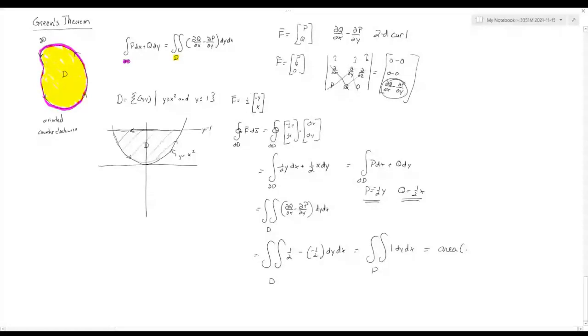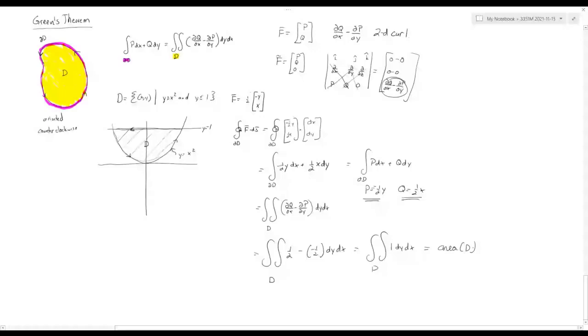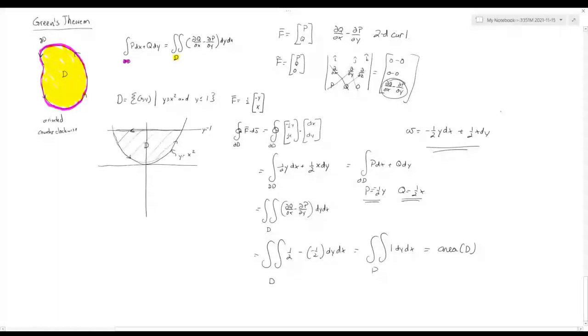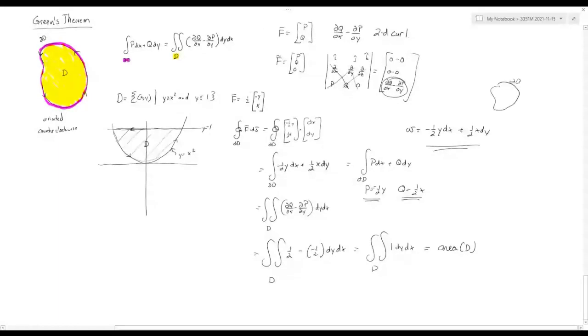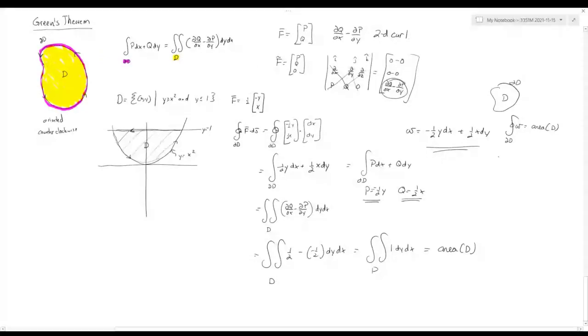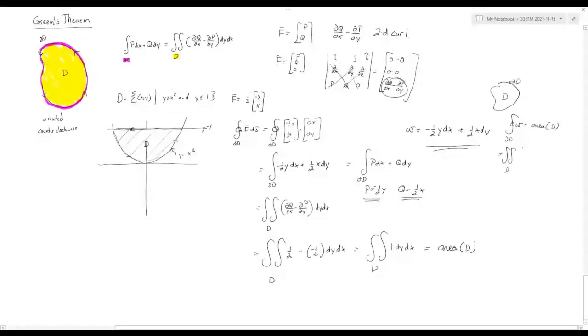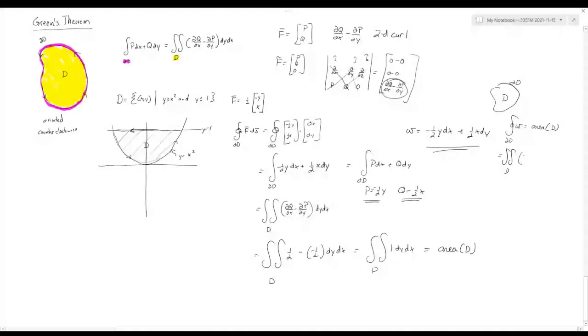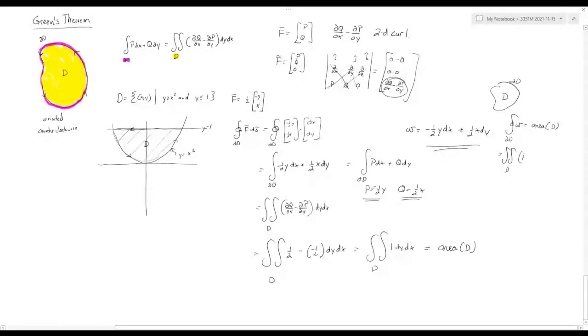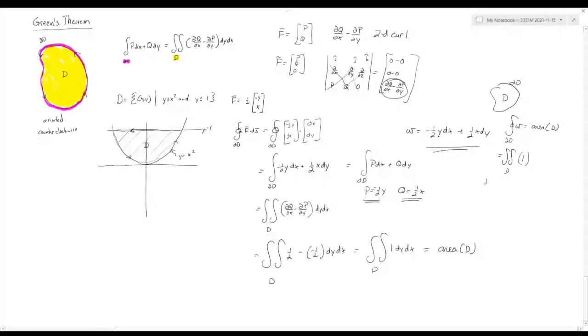And this is actually a beautiful thing here. If you integrate this one-form over the boundary of some region, then this integral always gives you the area of that region, right? Because according to Green's theorem, you always get 1 here, the derivative of q with respect to x minus the derivative of p with respect to y gives you 1.